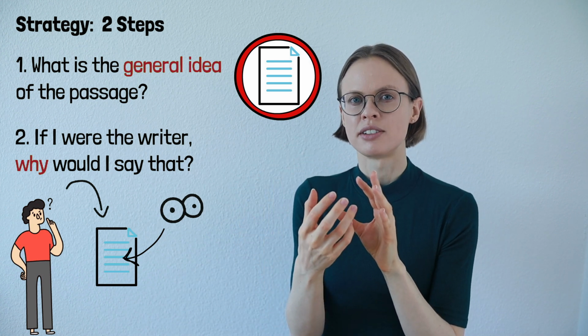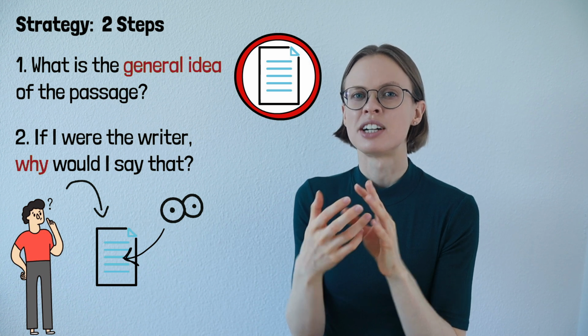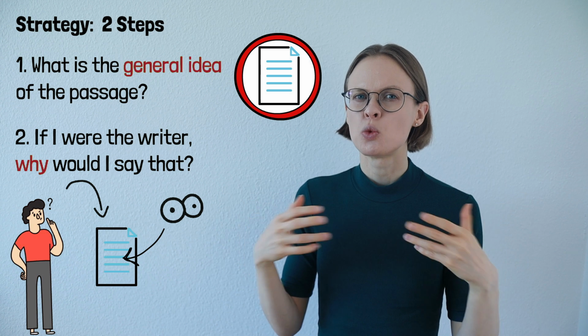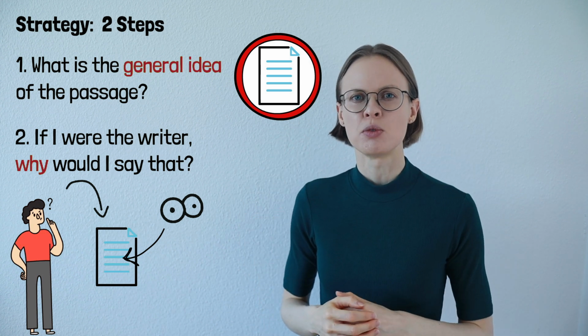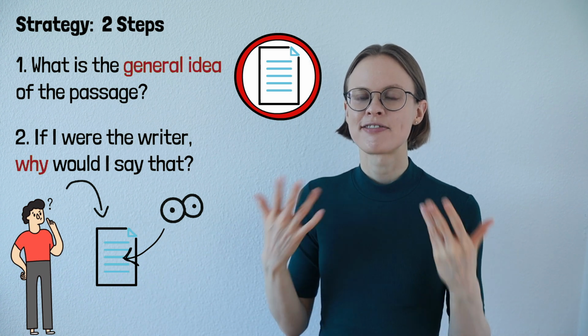You look at the matter from his perspective and you ask yourself, okay, if I were the writer, why would I say that? Which message do I want to convey? And this will make it a lot easier for you to figure out the correct answer. That's it. This is how you solve function questions, paraphrasing questions, and inference questions.